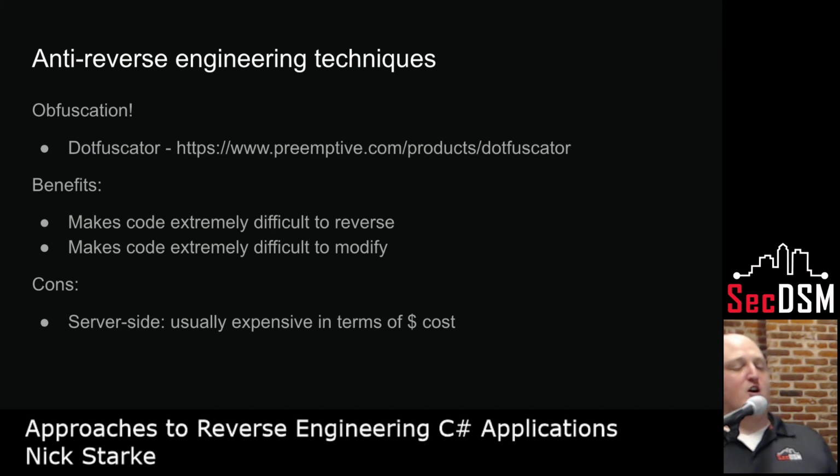The benefits are it does make code extremely difficult to understand. It makes it difficult to modify the code. But the con is that it's usually expensive. Dotfuscator is not free, so you just have to make that trade-off for your organization of the threat of this happening versus the cost of the tool that can help mitigate that threat.